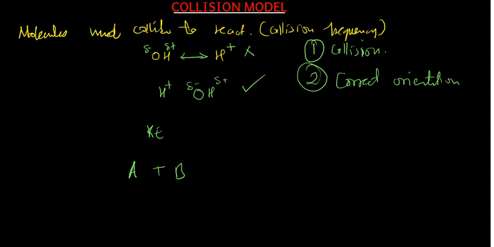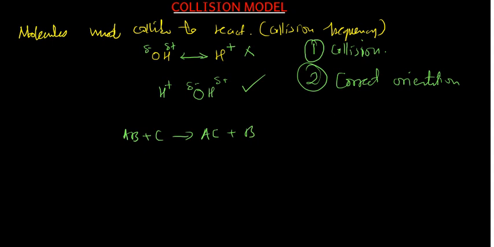Say A reacting with B to produce AB. Now, because we don't have a compound here, I might not explain well. Let me use a compound where, let's say, we have AB reacting with C to produce AC and B. So this is a chemical reaction that is happening.